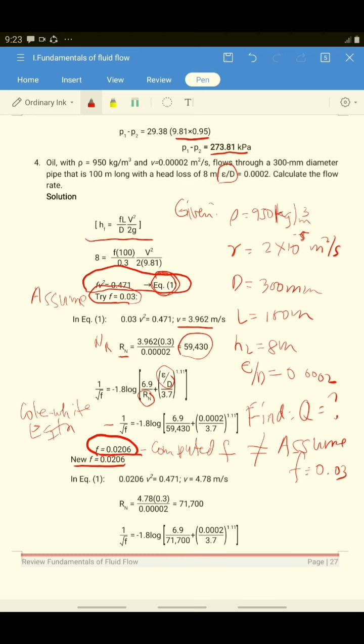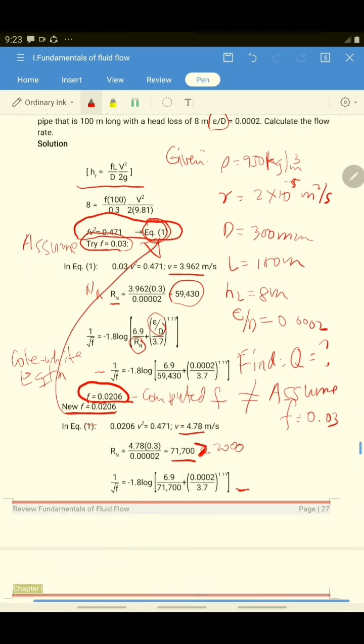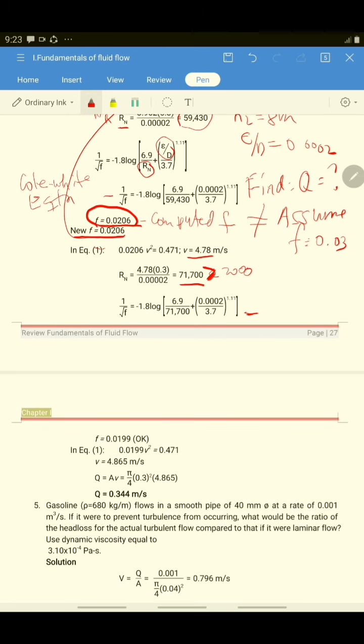Then substitute to equation 1, and you can determine the velocity. Then for the velocity, you can also determine the Reynolds number, and this is greater than 2,000. So, it is turbulent. So, again, you use this equation. Then you have F.